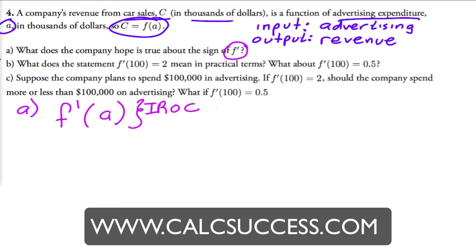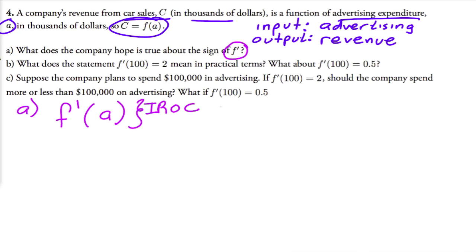But what really helps is writing down the units. The units of this are revenue, so dollars in revenue per dollars in advertising. So let's think about this a little bit.